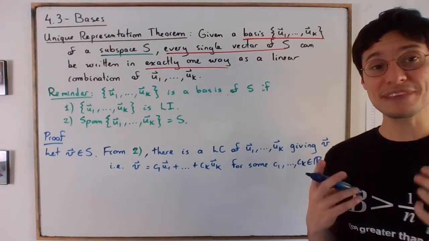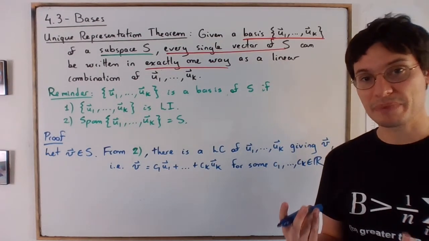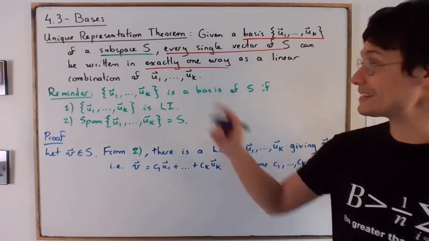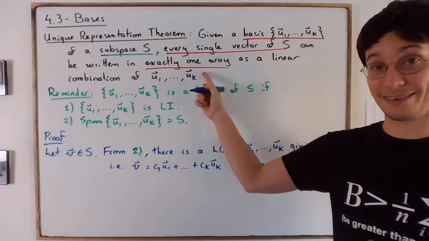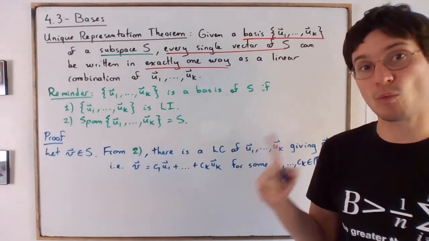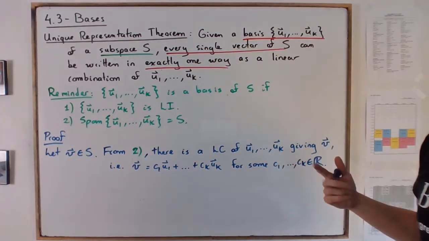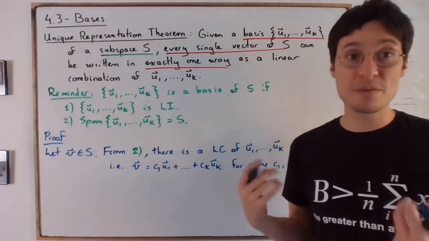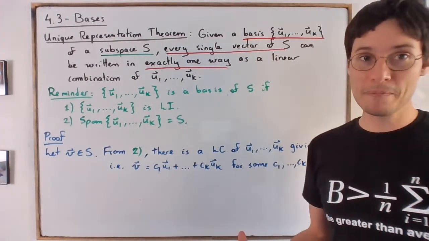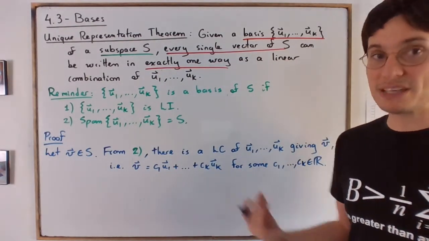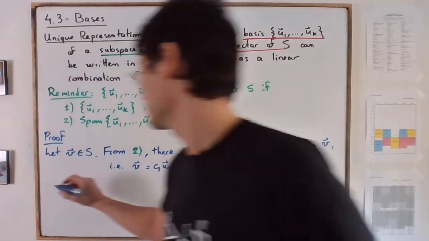We proved that there is a linear combination, but now what's important is to prove that it is the only linear combination, exactly one way, so no more than one way. What we're going to do now is suppose that there's another one, and we will prove that they must in fact be equal.